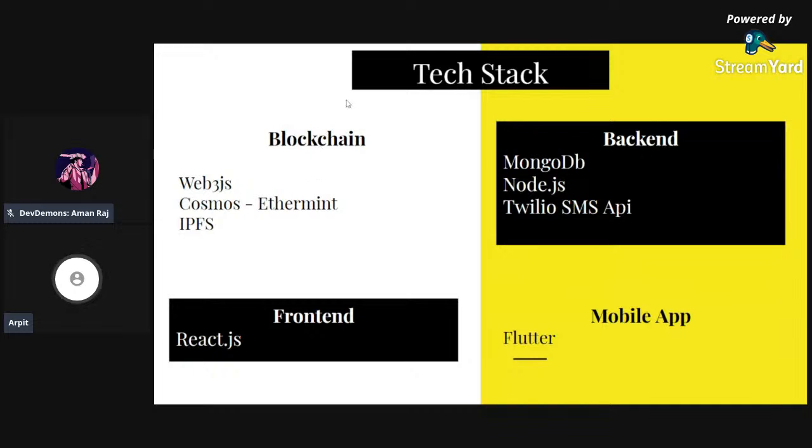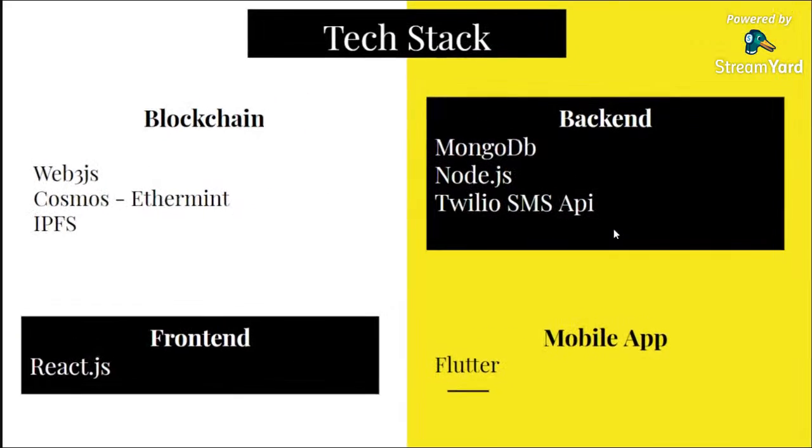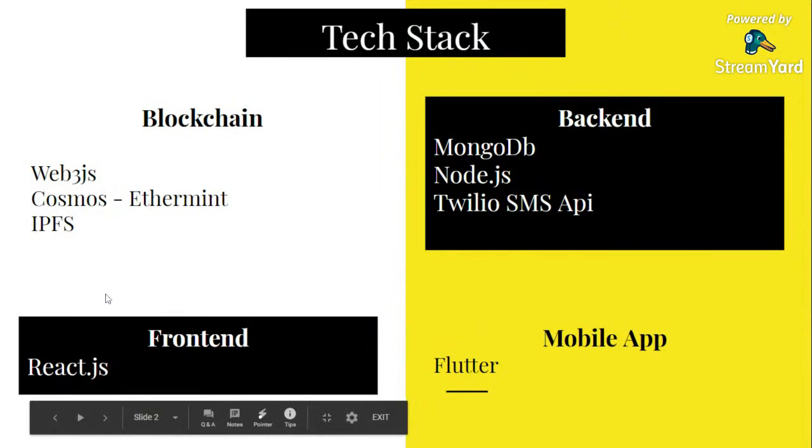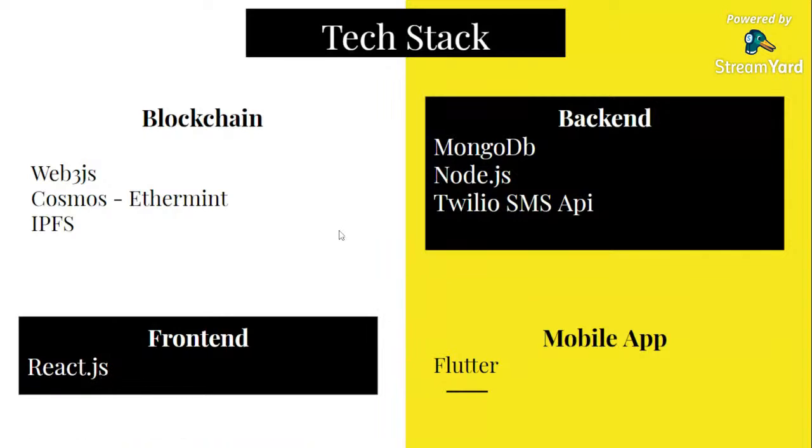On the blockchain side we have Web3.js, Cosmos Ethermint and IPFS. For IPFS, we will come to its use. Our backend technologies consisted of MongoDB, Node.js, and the Twilio SMS API. In the front end, we use React.js, and the mobile app was built on Flutter.